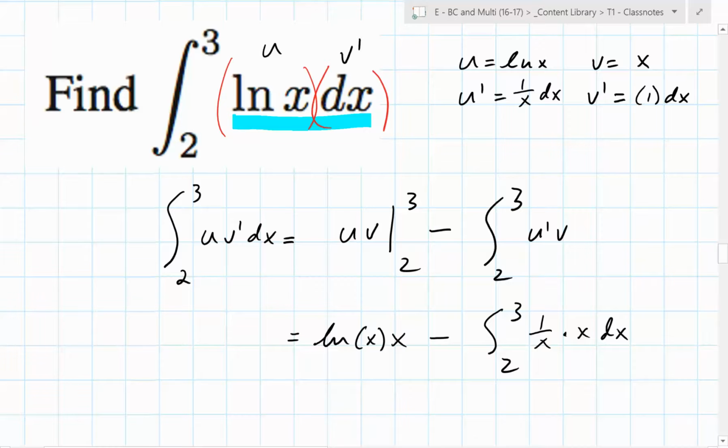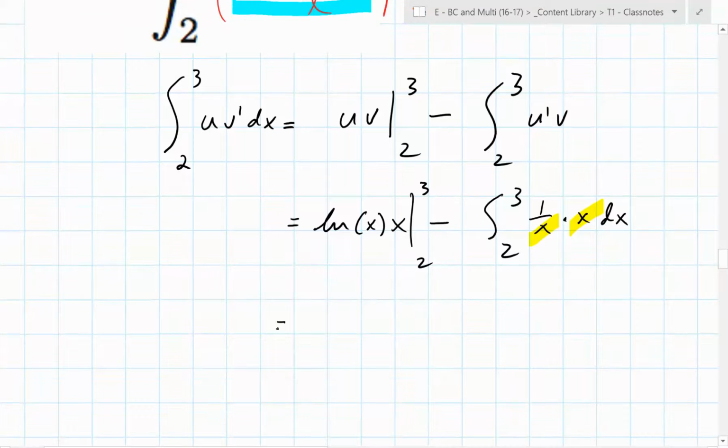That's u prime times v. And then what cancels? The x cancels, leaving you with just 1 dx. So you continue, and effectively what you're doing is x ln x minus, what's the integral of just dx? x, from 2 to 3.